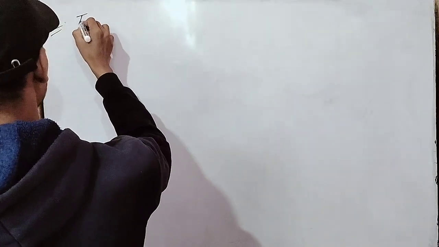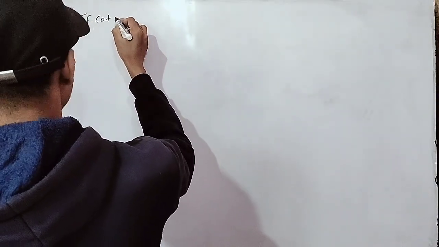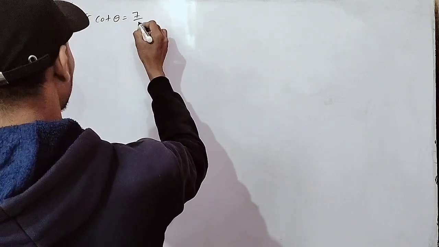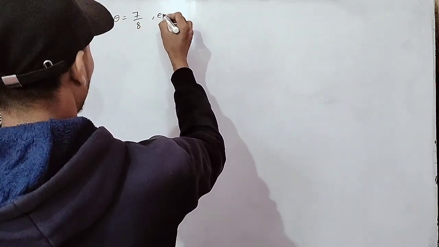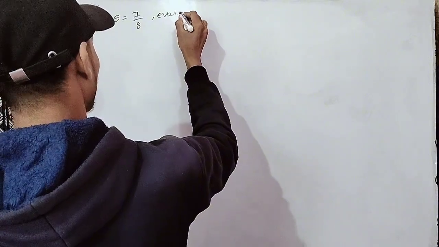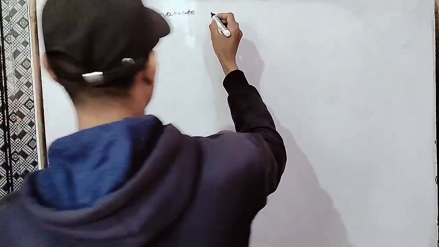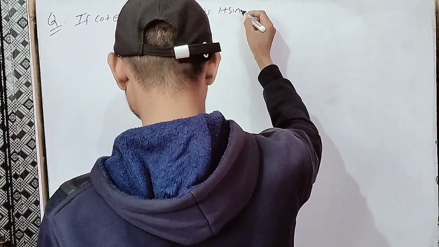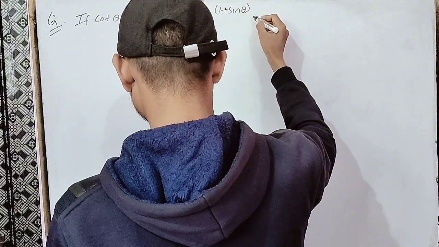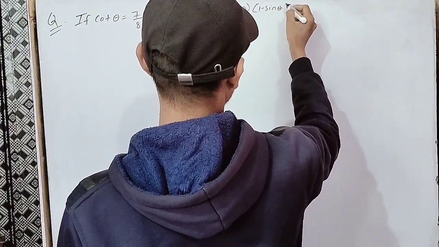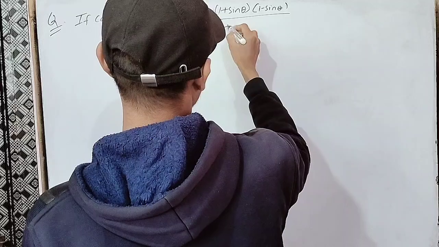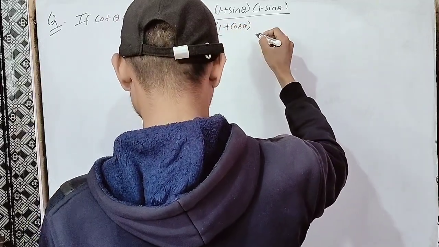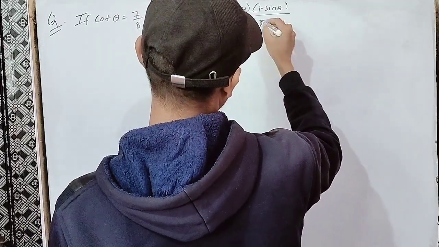Next question. If cot theta is 7 by 8, evaluate first (1 plus sin theta)(1 minus sin theta) upon (1 plus cos theta)(1 minus cos theta).